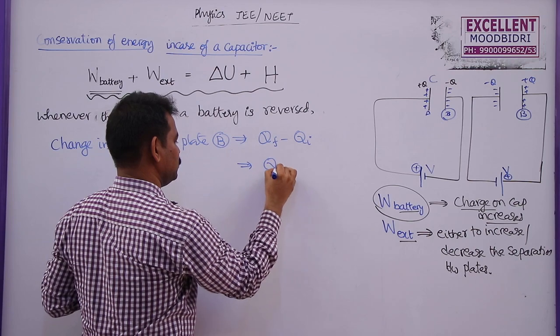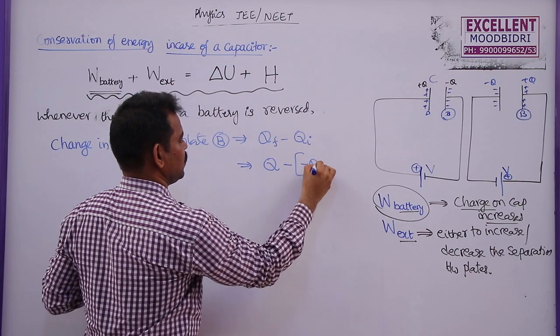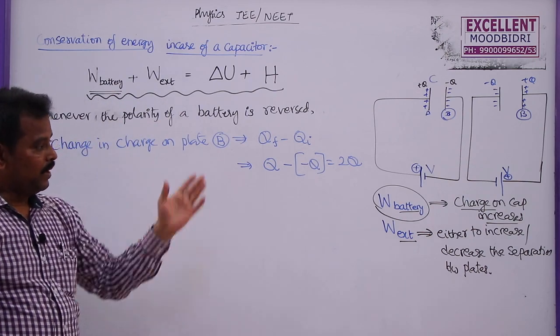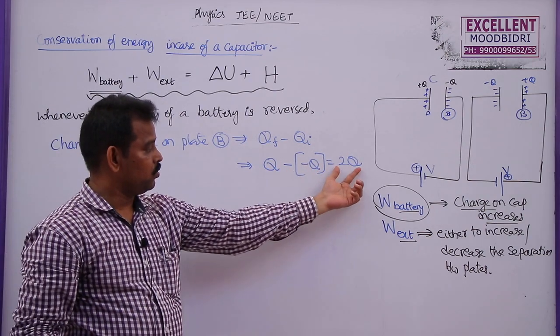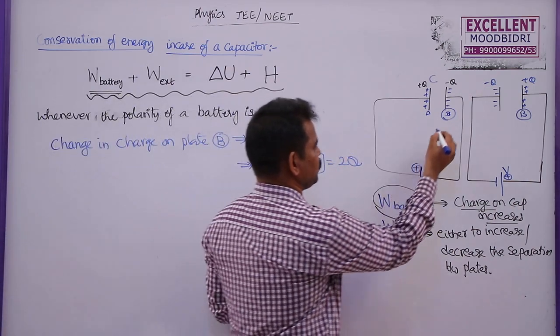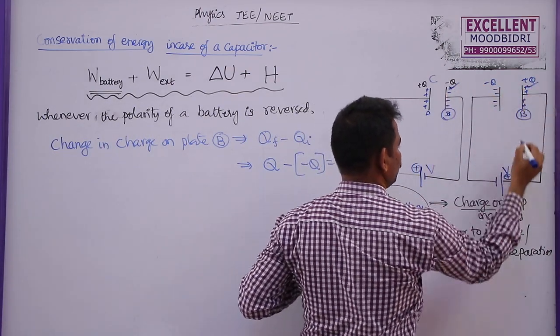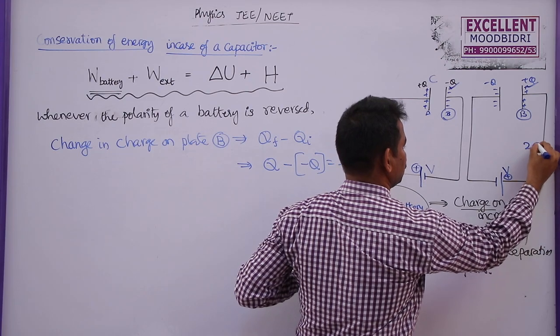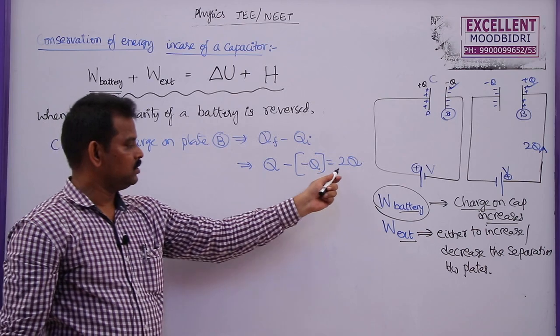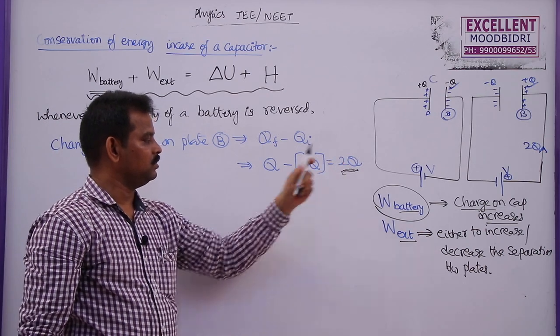The final charge is Q, the initial charge was minus Q, so 2Q. That means the battery has given 2Q excess charge to plate B. So it was minus Q previously, now it is plus Q, meaning this is the amount of charge that has flowed from the battery to plate B. So this is the excess charge when the polarity is changed.